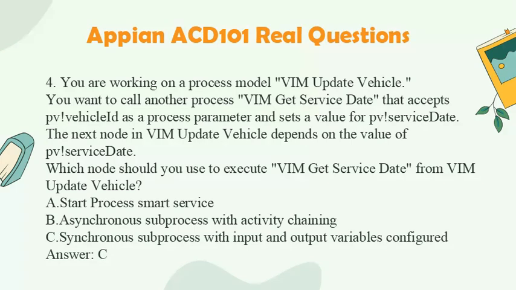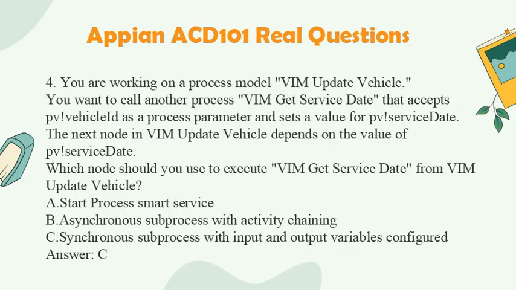4. You are working on a process model, VIM update vehicle. You want to call another process, VIM get service date, that accepts PV vehicle ID as a process parameter and sets a value for PV service date. The next node in VIM update vehicle depends on the value of PV service date.